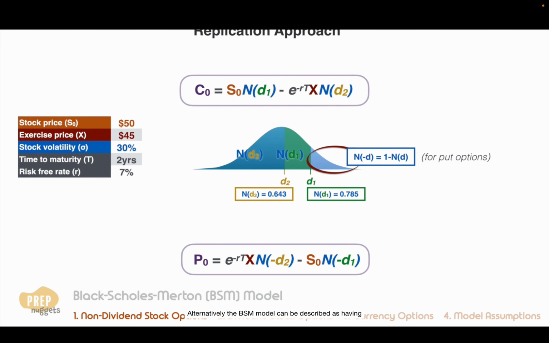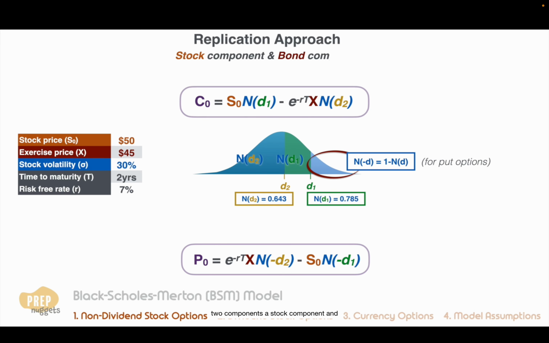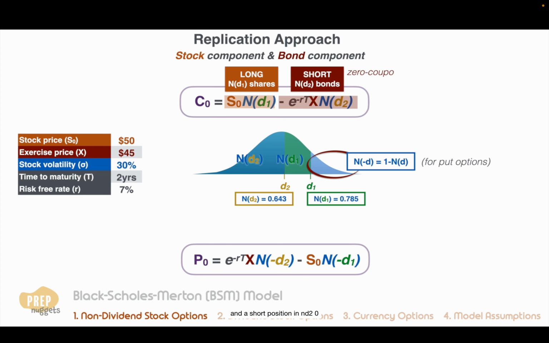Alternatively, the BSM model can be described as having two components, a stock component and a bond component. For call options, the stock component is this term, and the bond component is this second term. The BSM model call value can therefore be replicated with a long position in N(d1) shares and a short position in N(d2) zero coupon bonds with face value of X. The net cost for replicating the portfolio at initiation is equal to the value of the call option.